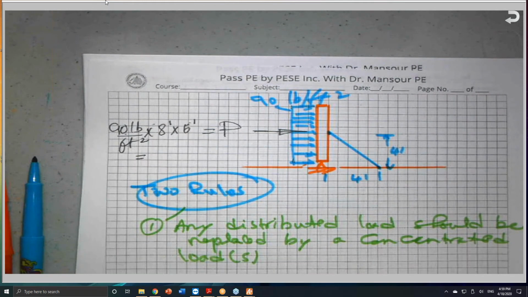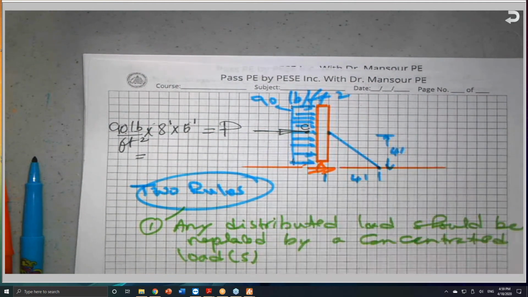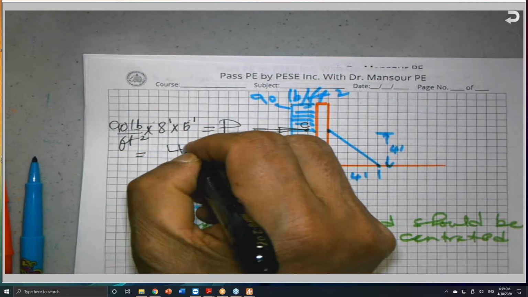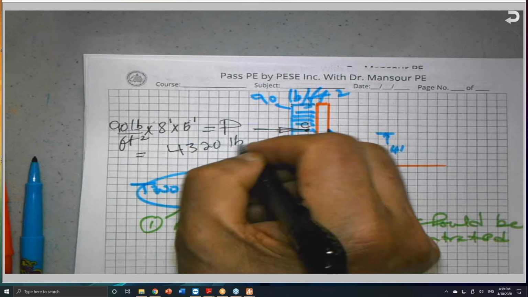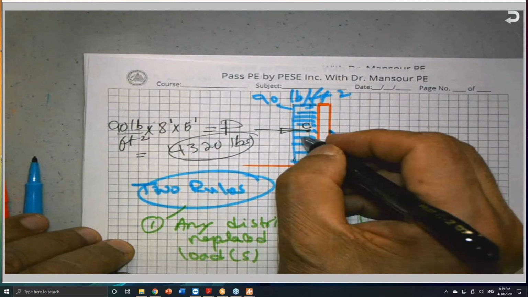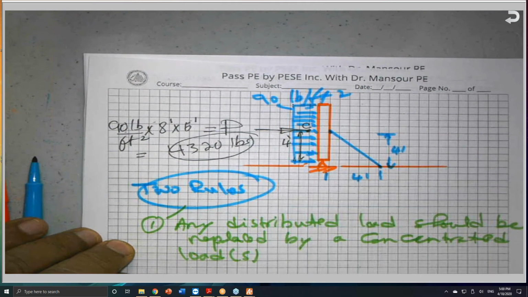This will give you the total load acting at the centroid, at centroid C. So it is 90 times 8 times 6, so it is 4320 pounds. Total load acting at the centroid, which is 4 feet away from the bottom.